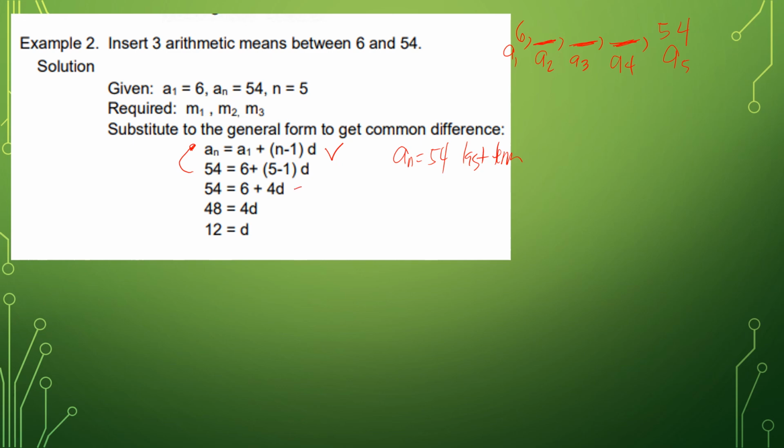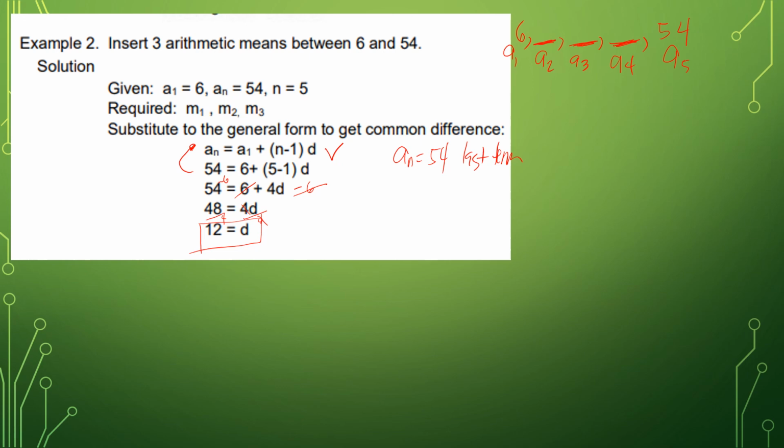We can subtract both sides by 6 to eliminate this 6. What remains here is 4D. 54 minus 6 is 48. Then we divide both sides by 4. Cancel the 4. So D is equal to 12. This is now your common difference.